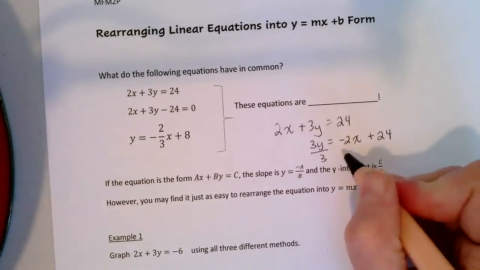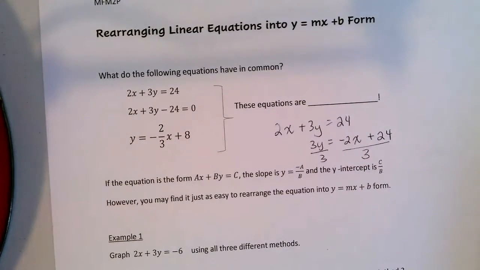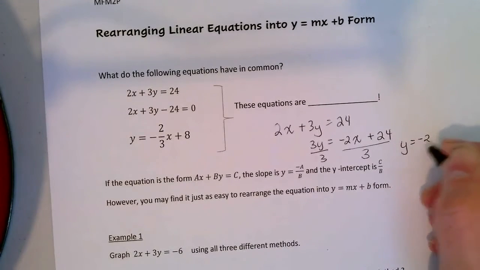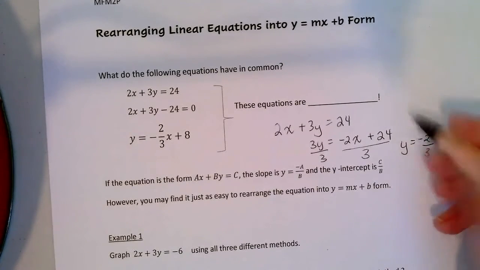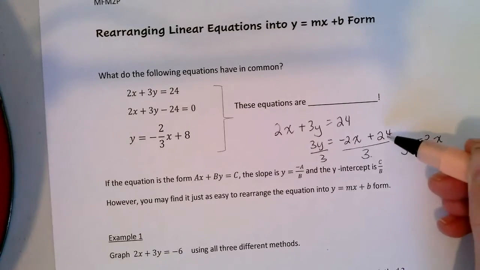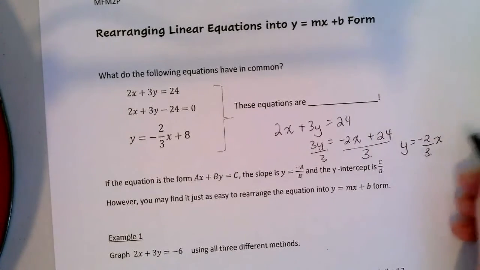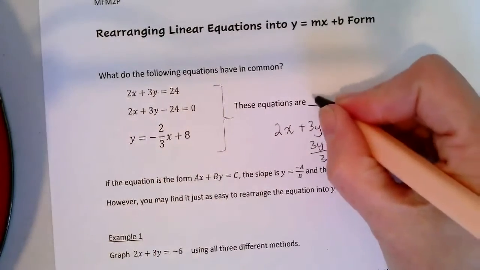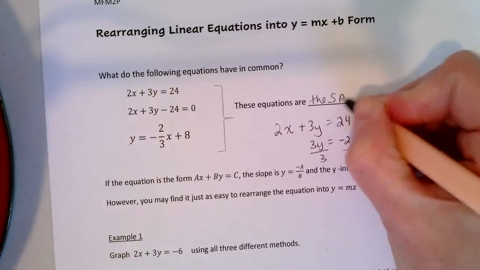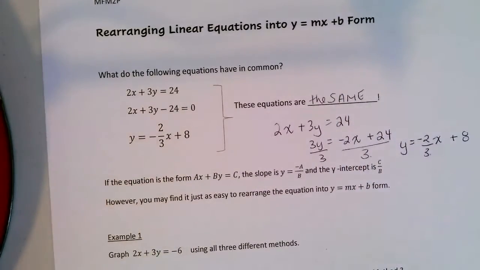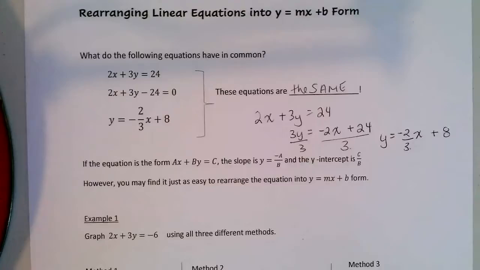Now we are going to divide both sides of the equation by 3 and continue to simplify where possible. Negative 2/3 does not divide, so we leave it as a fraction, and 24 divided by 3 is positive 8. So this here is also the same equation. They have just been rearranged into a different format.